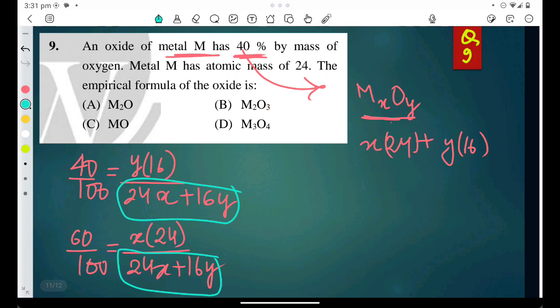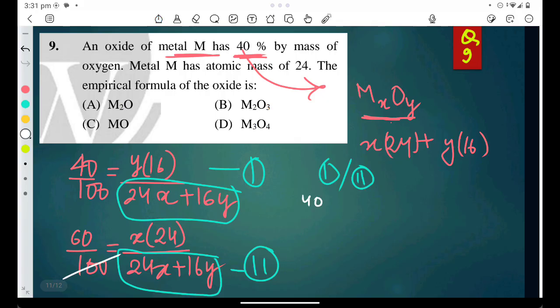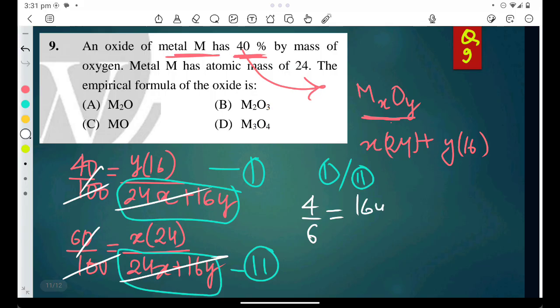I can simply divide equation 1 by equation 2. The 100 will cancel, the 0 will cancel. I have 4 by 6, and this is going to be 16y by 24x.